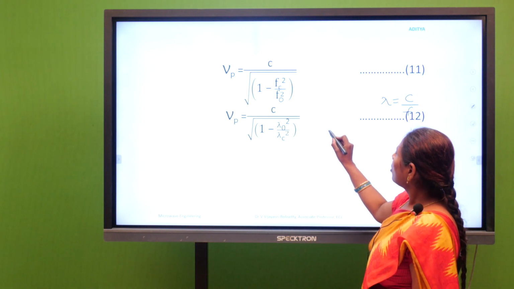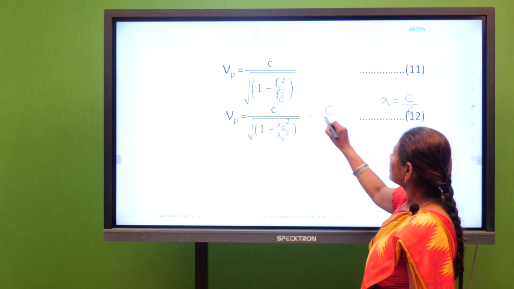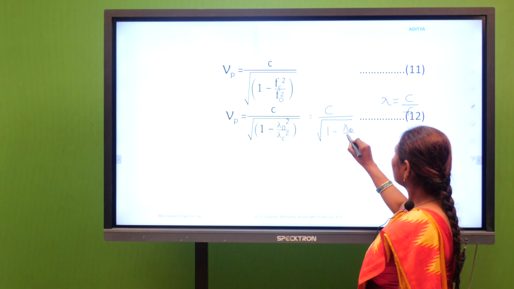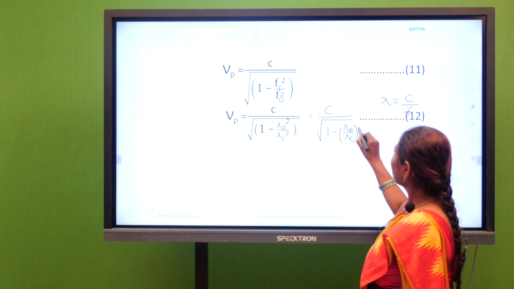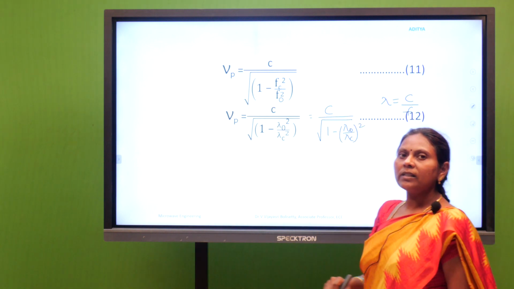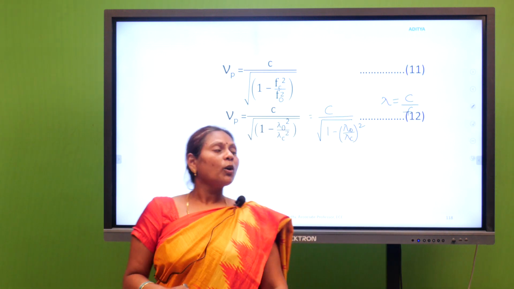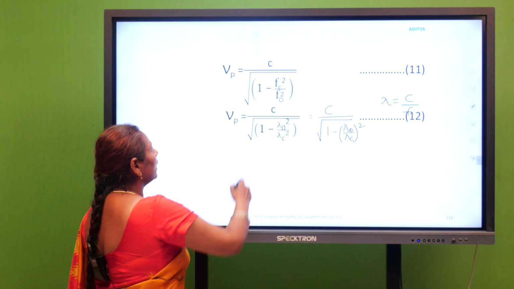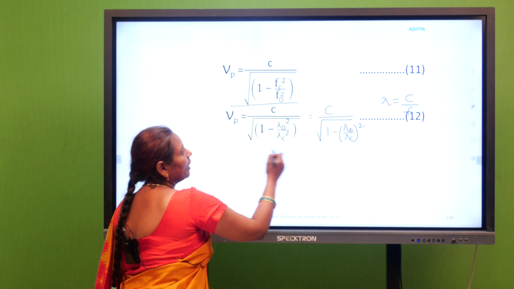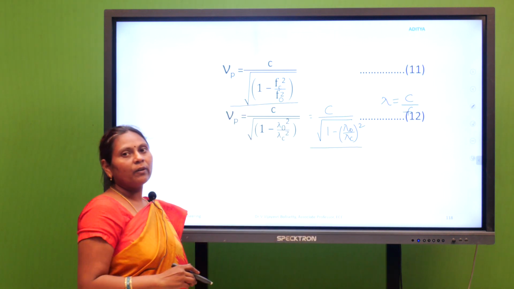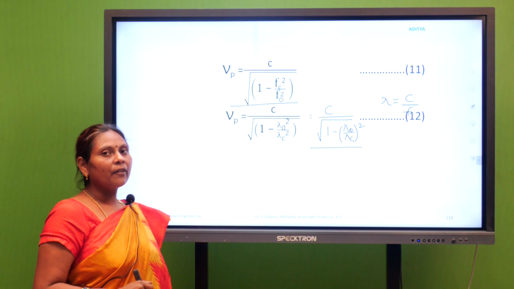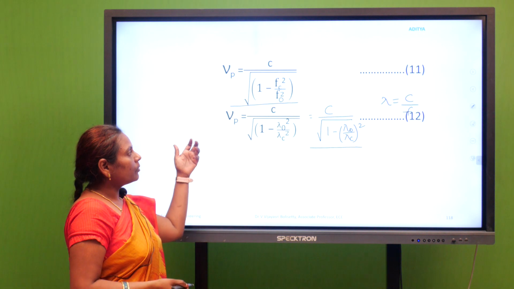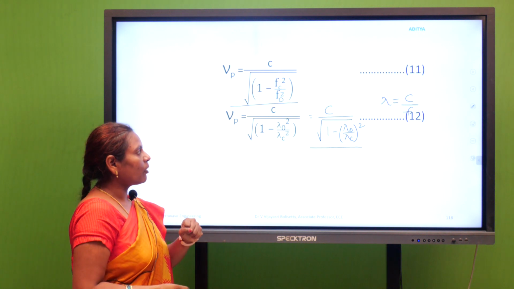Okay, anyhow we can also express this as c by root 1 minus lambda naught by lambda c whole square. So this is the phase velocity what we have defined, and we got the relation for the phase velocity in terms of the frequency and in terms of the wavelength in equations 11 and 12. Okay. So now we have defined this phase velocity.